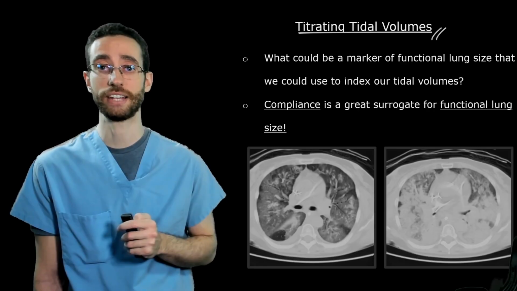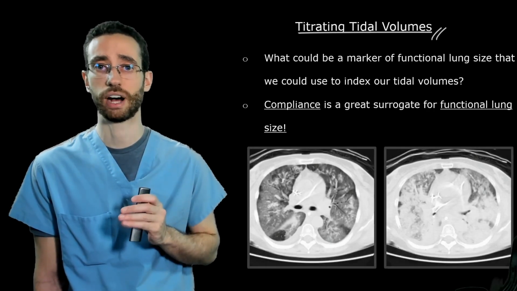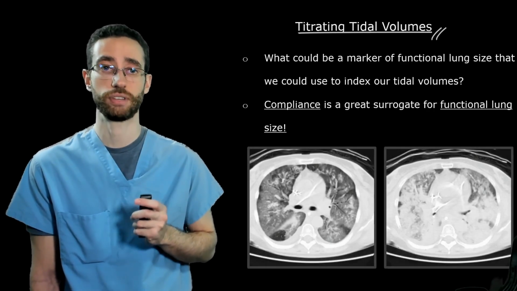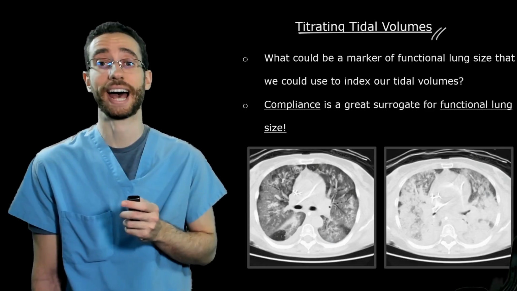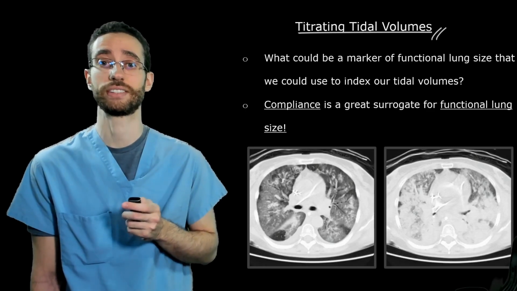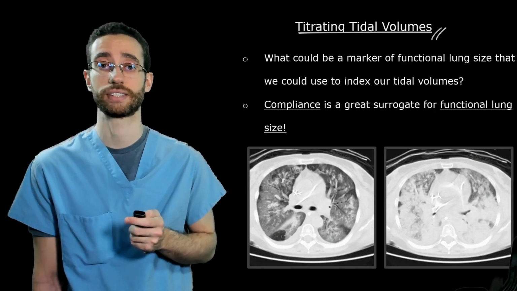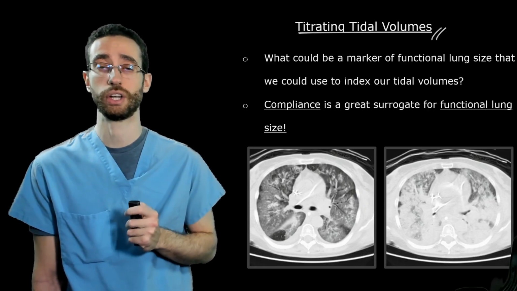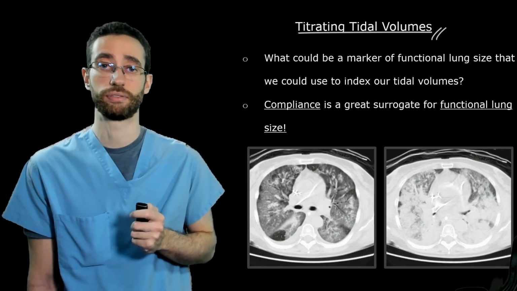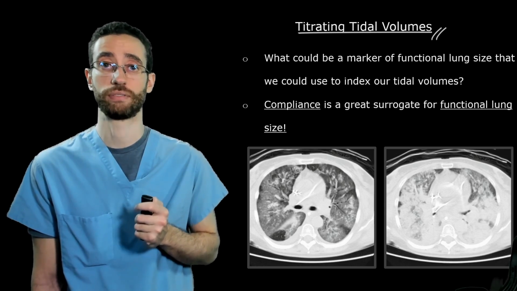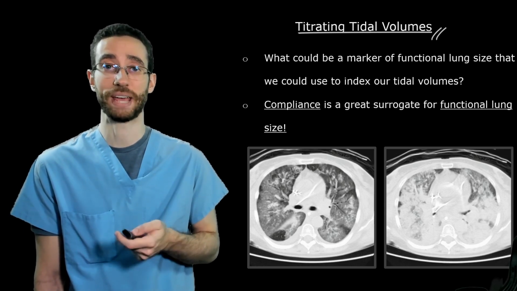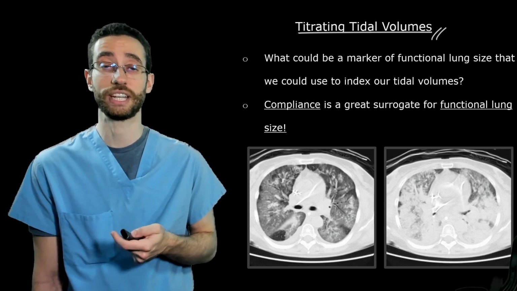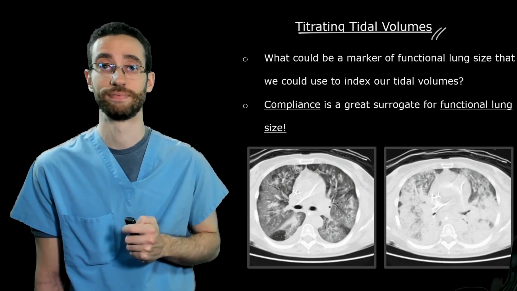Back to our two patients, for the same tidal volume, the one with more severe ARDS will have a higher driving pressure since their functional lung size is smaller. If we want to avoid overdistending their smaller functional portion of the lungs, also called the baby lung, we will need to reduce their tidal volume.